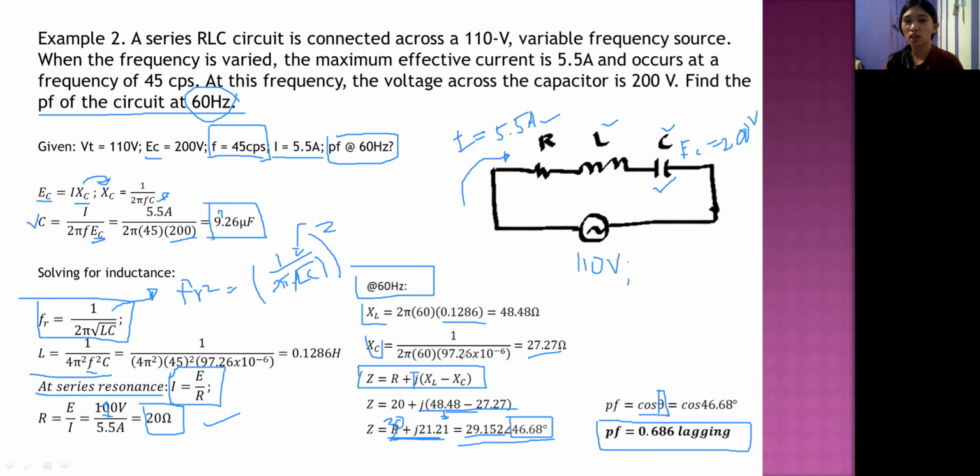If the capacitive reactance is greater than XL, then the power factor would be leading. So in this case, since XL is greater than the capacitive reactance, we'll have the current which is lagging.